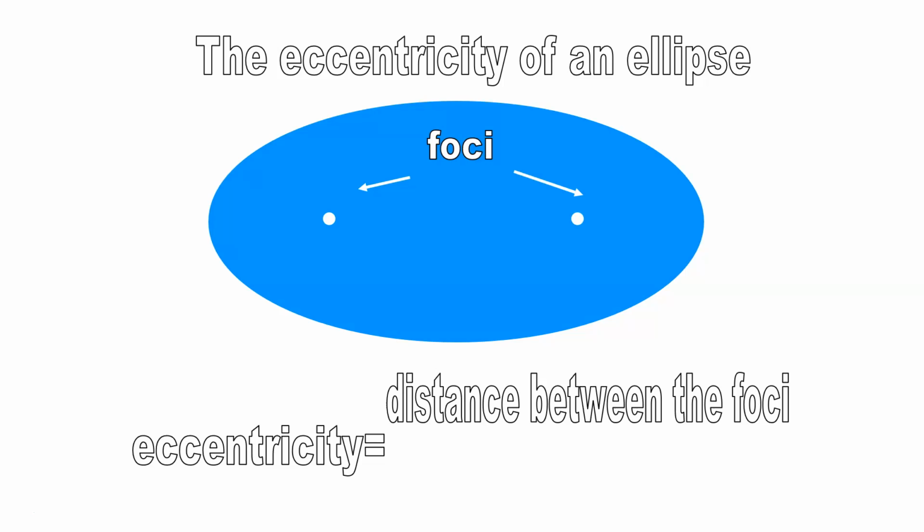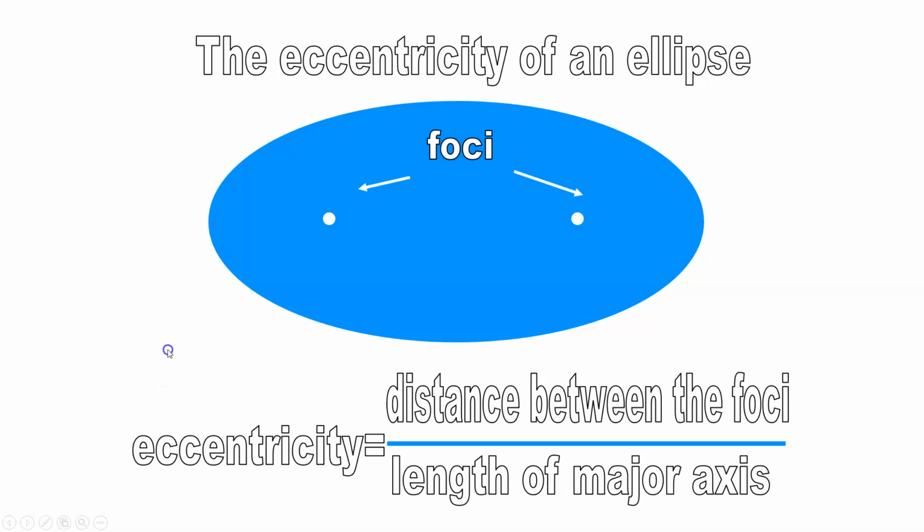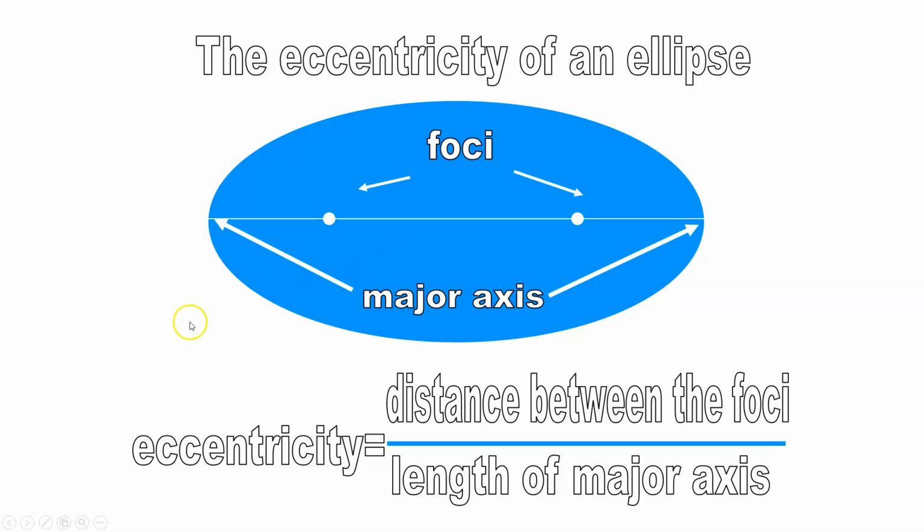As long as you use the same units to measure between the foci and the same units to measure the length of the major axis, all right, the major axis is if you draw a line through the foci to the extent of the ellipse, all the way to the very end here, and all the way to the very end over here. All right, so you're going to measure the length of the major axis and the distance between the foci.